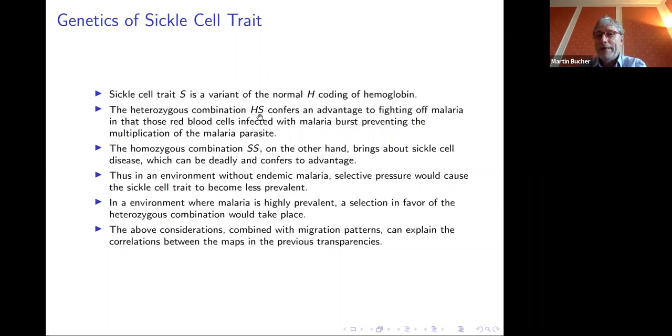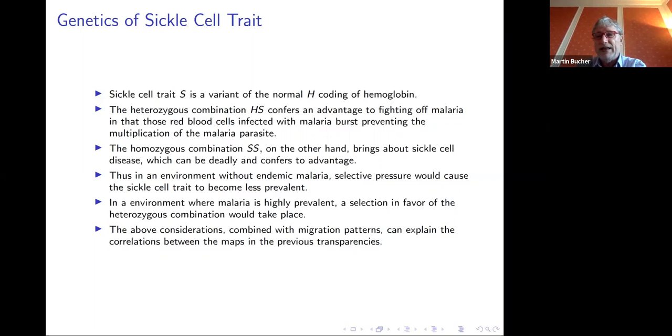If everyone were heterozygous, then there would be a 1 out of 4 chance of developing the disadvantageous trait.